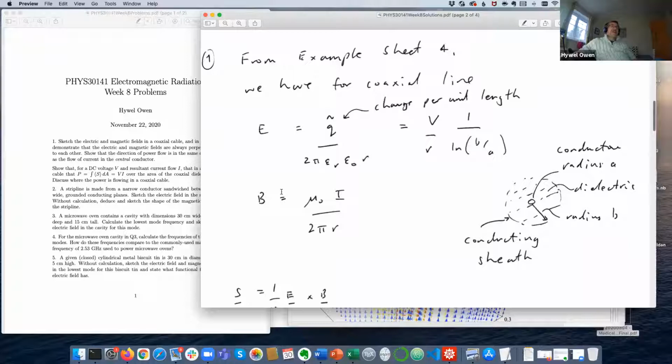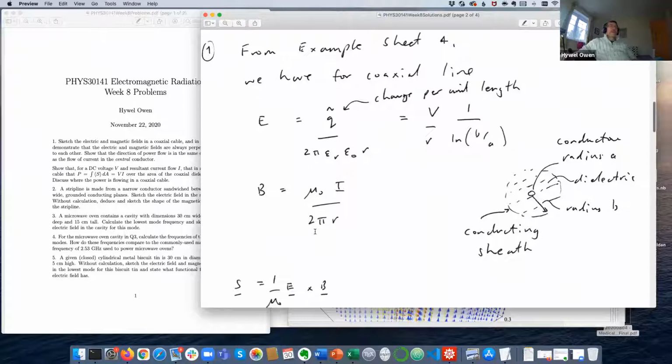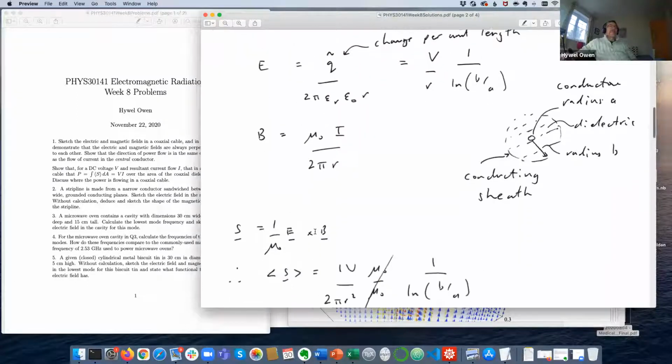The magnetic field is simply mu naught I over 2 pi r, which of course we know very well. So our job again is to integrate the Poynting vector.